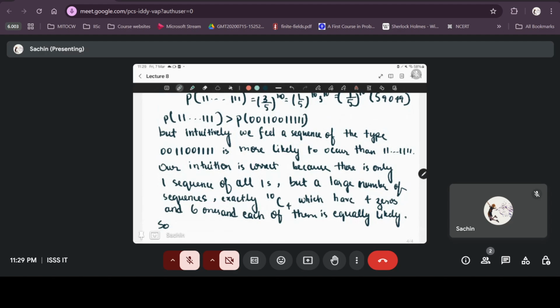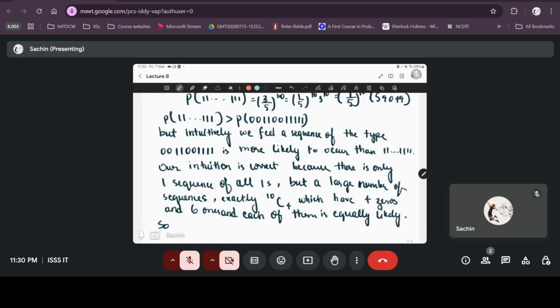So even though you might not see this particular sequence 0011001111, you're more likely to end up with a sequence that has 4 zeros and 6 ones.